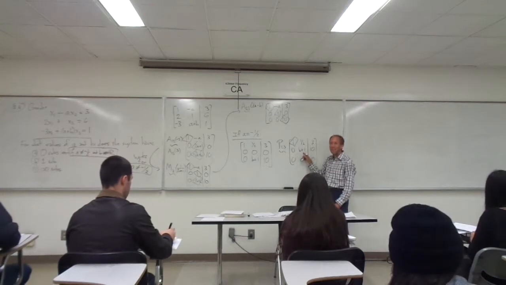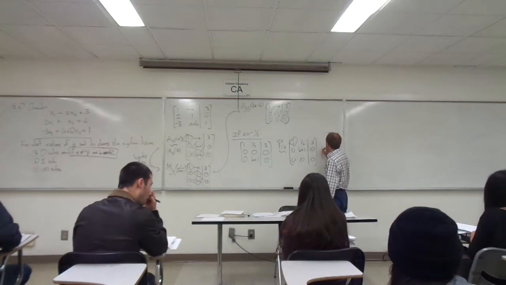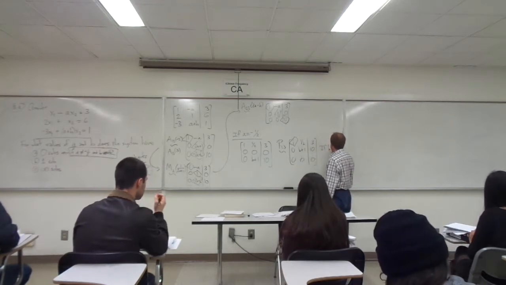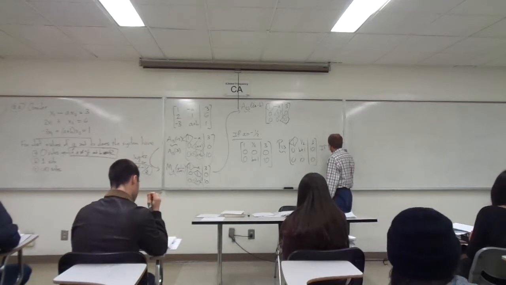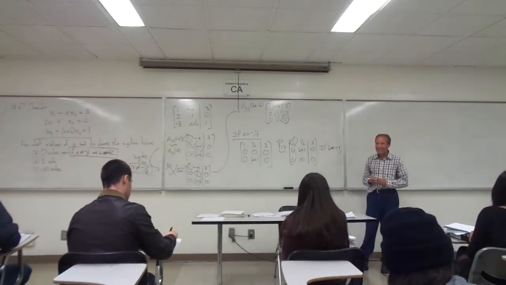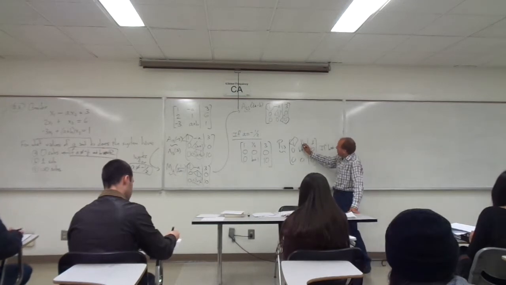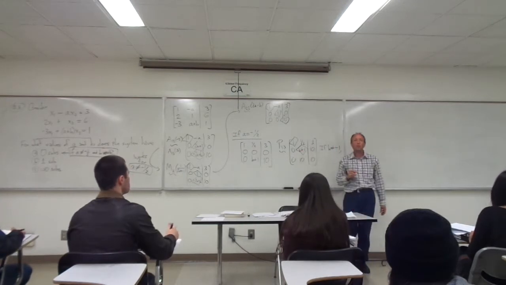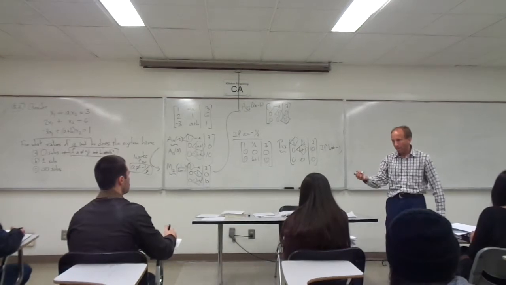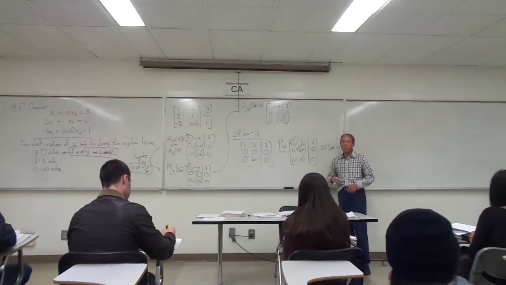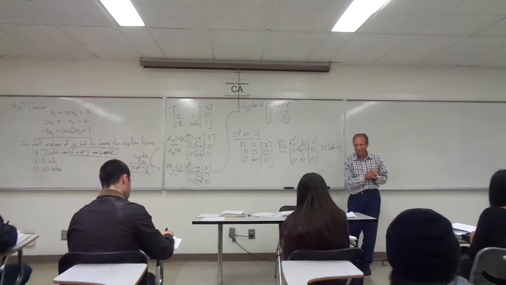It depends, right? So if, let's say it this way, if B does not equal negative 1, then this number will not be 0, and so we can make that into a pivot, right? And in that case, if the pivots come out like that, what's our conclusion? One solution, right?